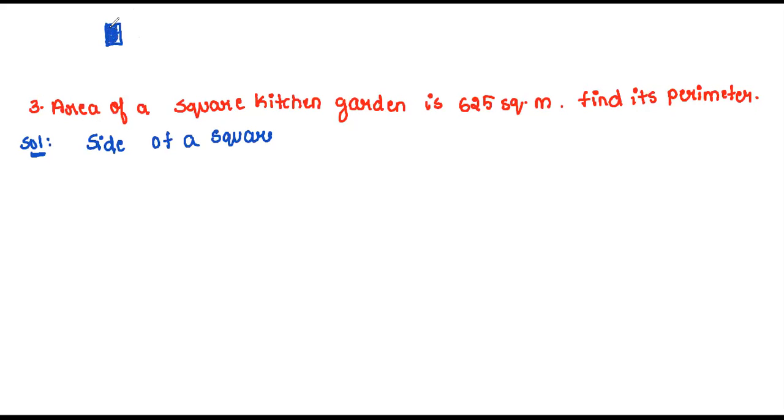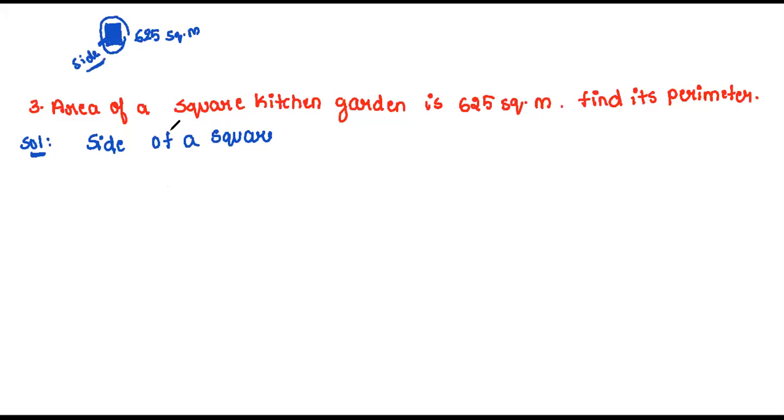The total area of this square kitchen garden is 625 square meter, and you have to find the perimeter of it. When you want to find the perimeter, you need the side.